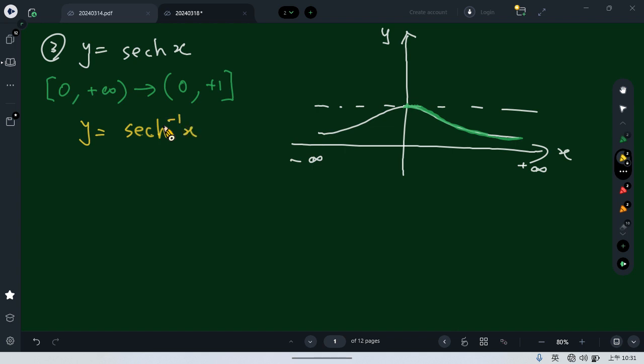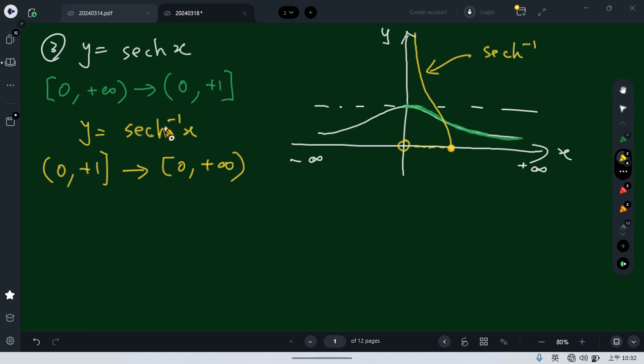Arc hyperbolic secant will be like this. So its domain will be 0 not included to 1 included, then will be mapped to 0 included to positive infinity. So this part is the hyperbolic secant function and the arc hyperbolic secant function.